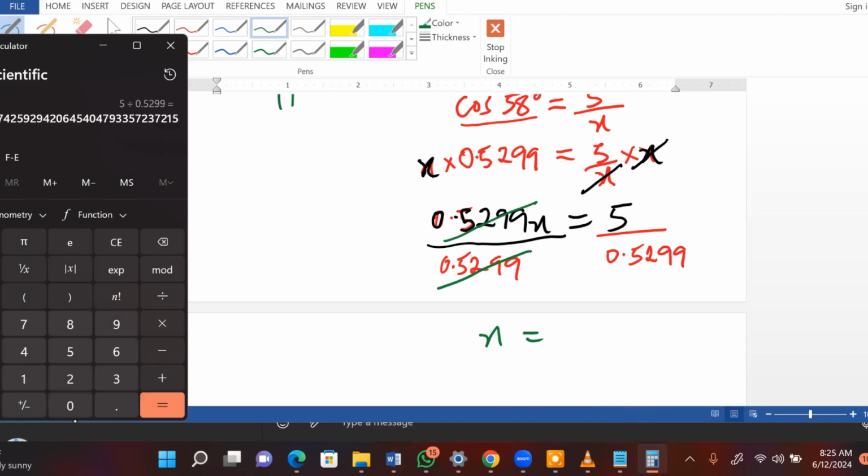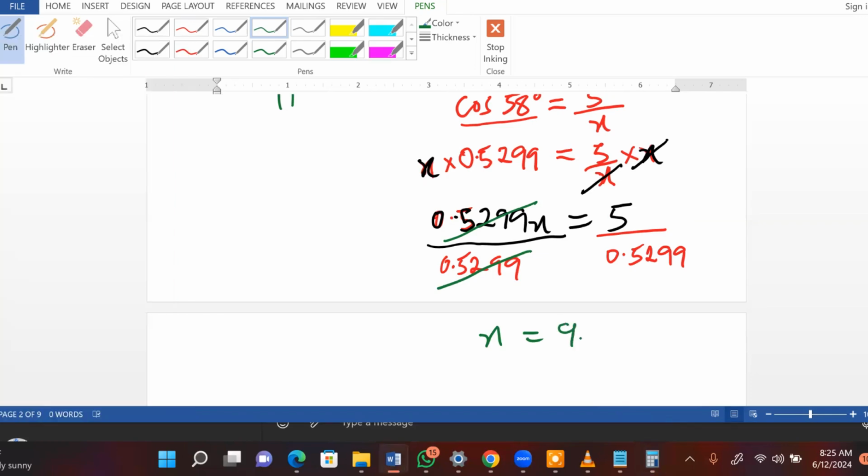It's going to give me the answer. So that means x is equal to 9.4357. So this means x is equal to approximately 9.4 centimeters.